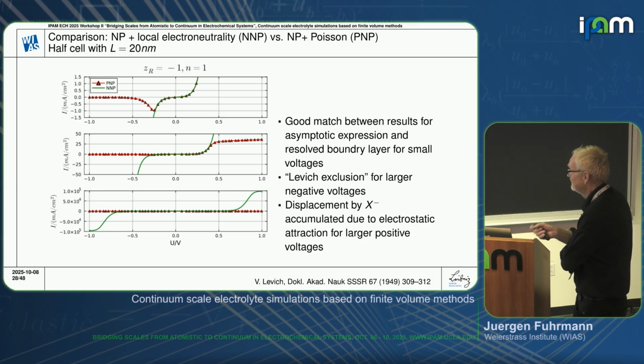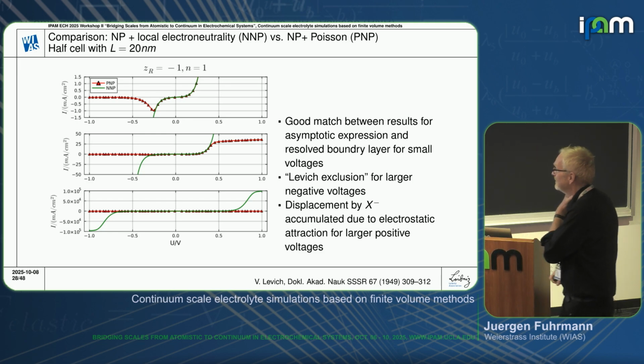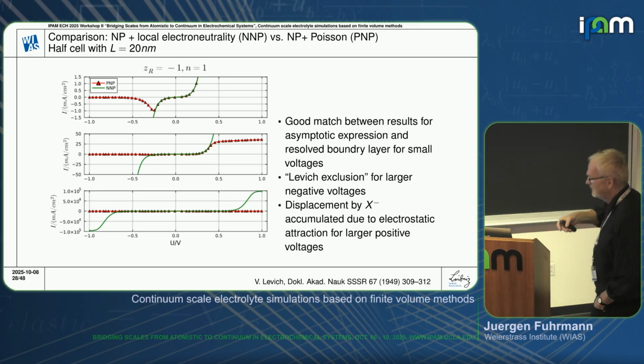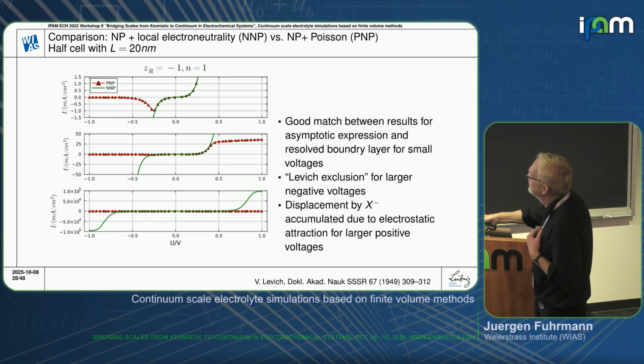This is static voltammetry, so it's just stationary solutions calculated for every one of these potential values. The green curve is our electroneutral model with the Butler-Volmer equation, and the red curve denotes the model with the fully resolved boundary layer. And we see that, at least for a reasonably small potential range, they match exactly.